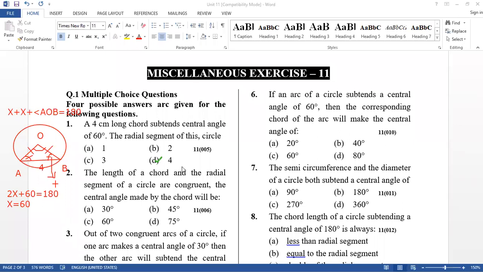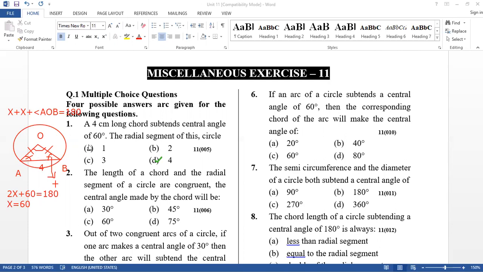In a similar pattern, the second MCQ says that the length of a chord and a radial segment of a circle are congruent. If you link the first MCQ with the second one, it is very clear. If the length of the chord and the radial segment are equal, then if AB is equal to 4, OB or OA will also be of the same length, 4 centimeters, for example. The question is about the central angle.